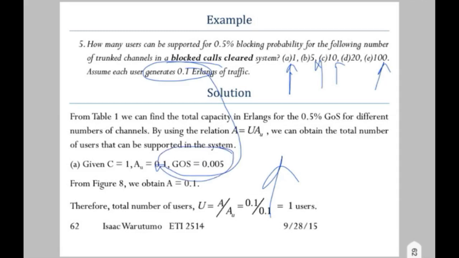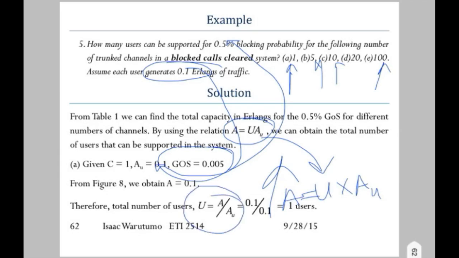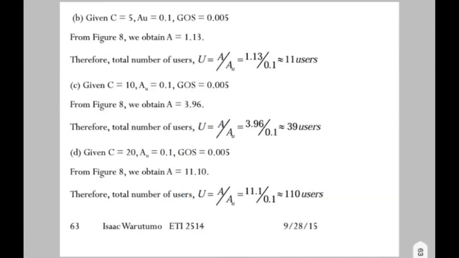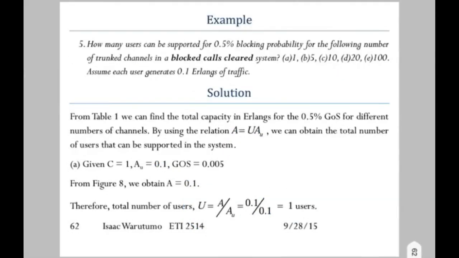The GOS is 0.005. That is the one that we are given, and we are using the relation A, the traffic offered, is equal to the number of users times the traffic offered by each user. That will give you A. That says that the number of users therefore that can be supported is equal to 0.1 divided by 0.1, which is equal to 1 user.